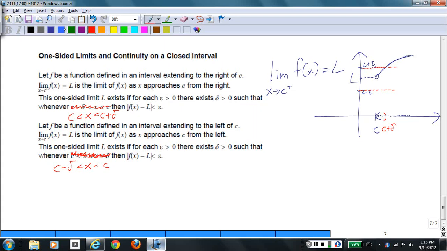X approaches c from the left. Let's say there's c, and x is approaching c from the left.